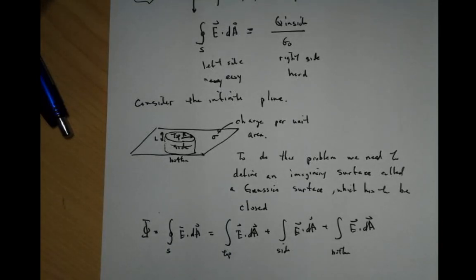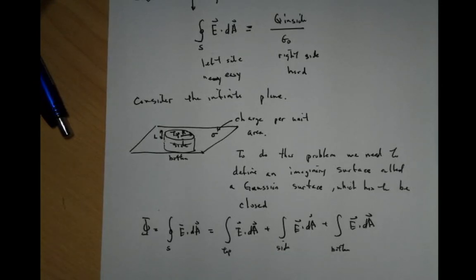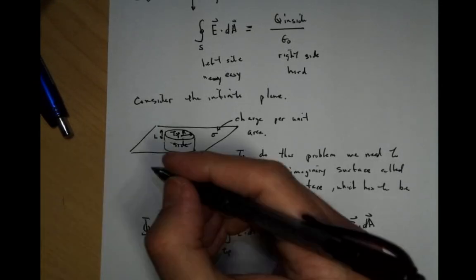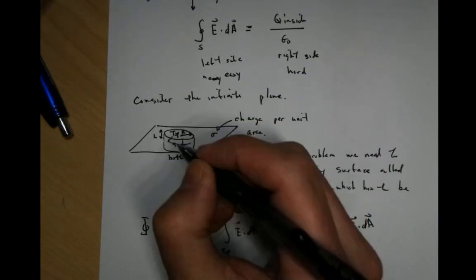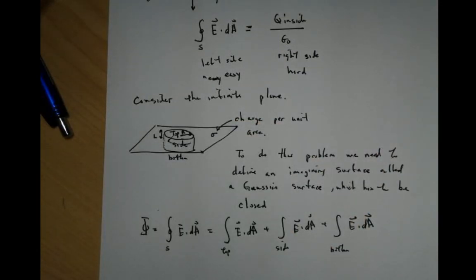We have to use symmetry arguments to make this problem a little simpler. Here's how you make the symmetry argument work. You could say that the side terms have to be 0. Why is that? Suppose there was a side term, which means there has to be some electric field parallel to the surface of this thing.